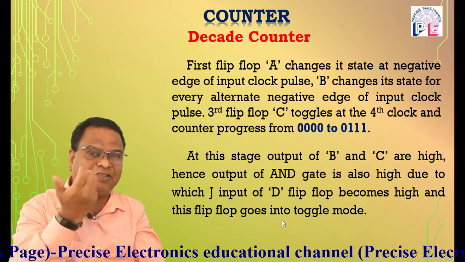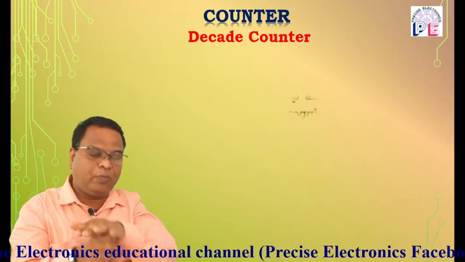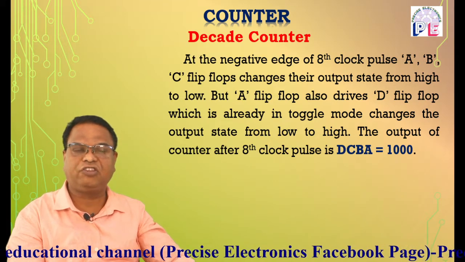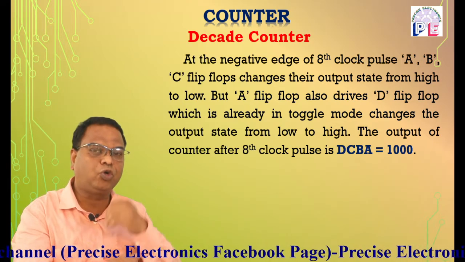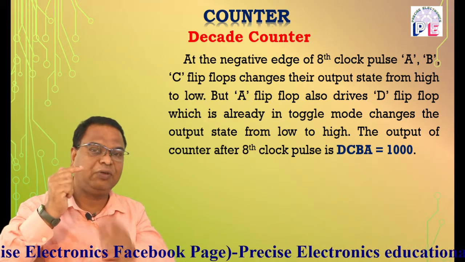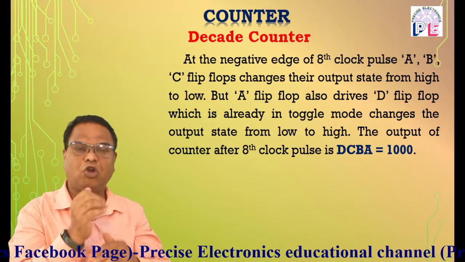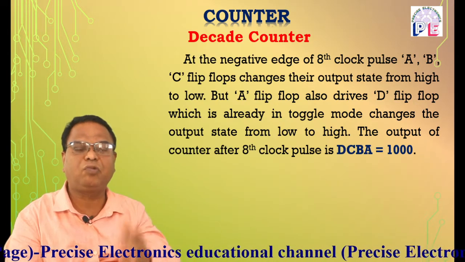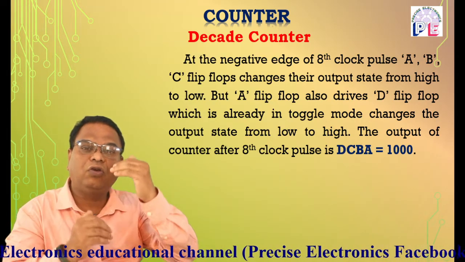So when the next pulse is applied, at the negative edge of the 8th clock pulse, the output of A changes from 1 to 0. The output of B also changes from 1 to 0. The output of C also changes from 1 to 0, but the output of D changes from 0 to 1, because the fourth flip-flop is in toggle mode and the clock input of the D flip-flop is triggered. The D flip-flop changes its state and goes to set.